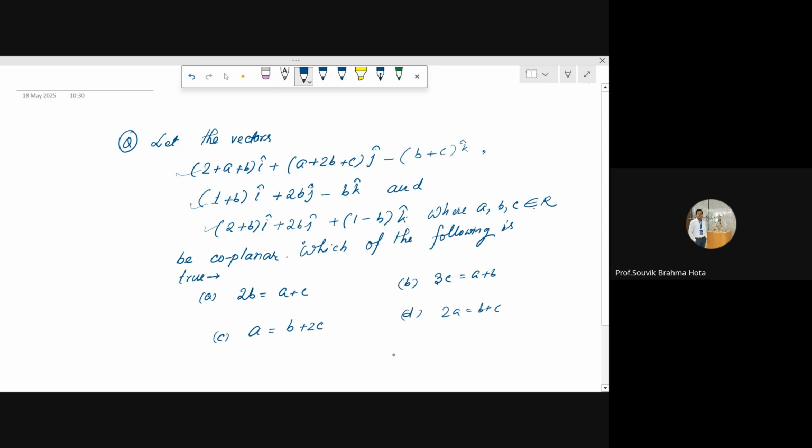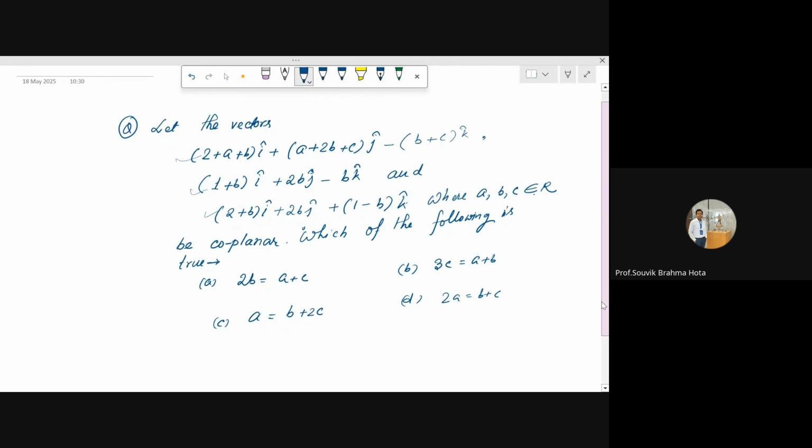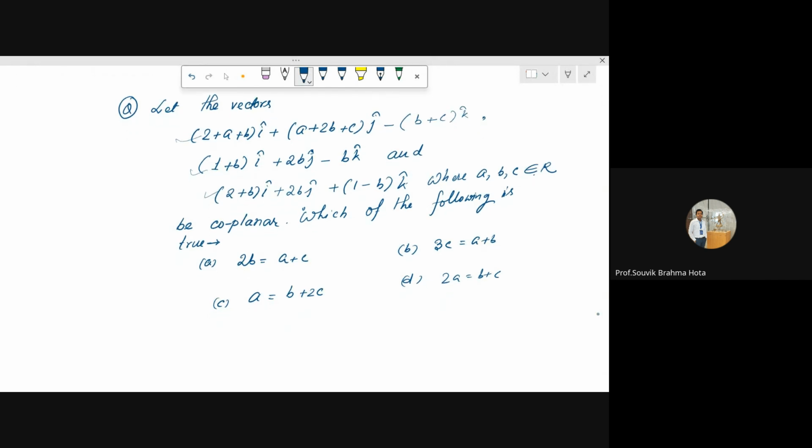Now, what we want to say: if these three vectors are coplanar, the first thing you should do is make a matrix with the help of the coefficients of i, j, k.